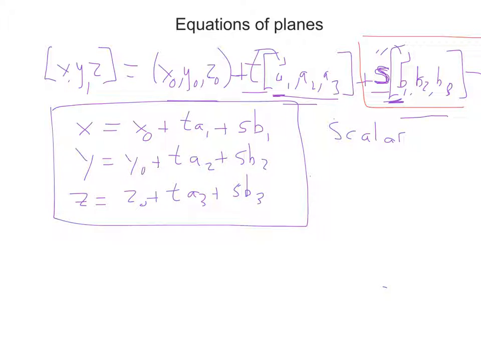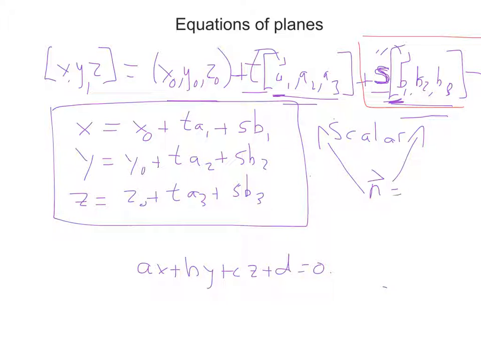If you have two direction vectors here, your normal vector will be perpendicular. So if you take the cross product of those two vectors, you'll get a normal vector. And that normal vector will then help you write the other form of the equation for your plane, because you can do your ax plus by plus cz plus d equals 0 using the values from your normal vector, which would be the cross product of this vector and this vector if they're both non-parallel direction vectors on your plane.